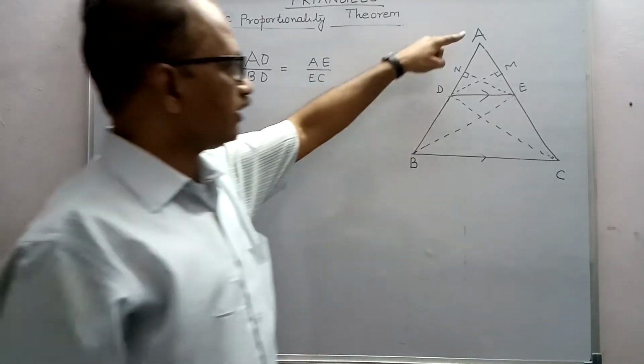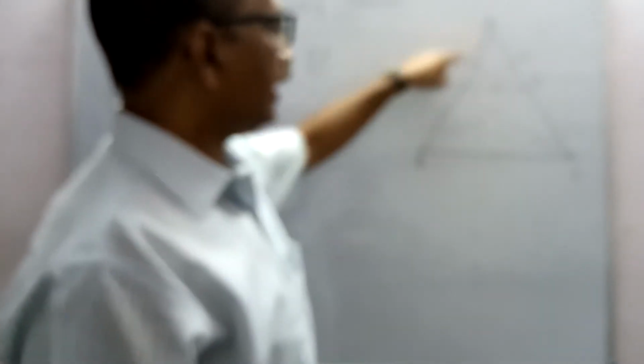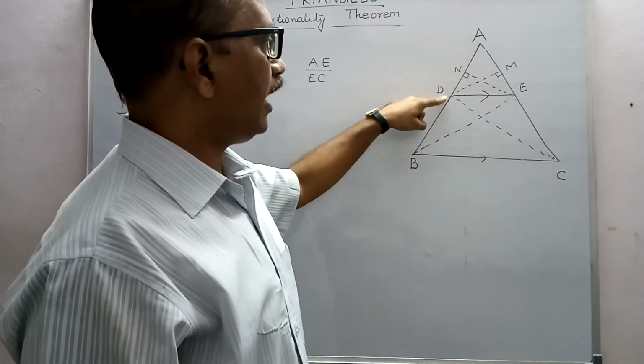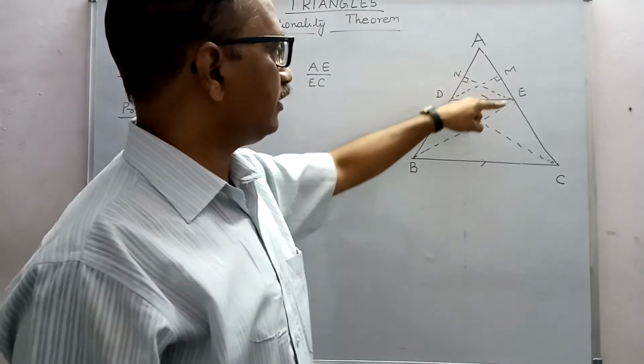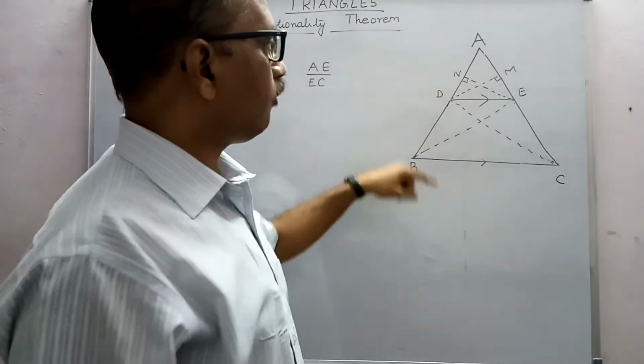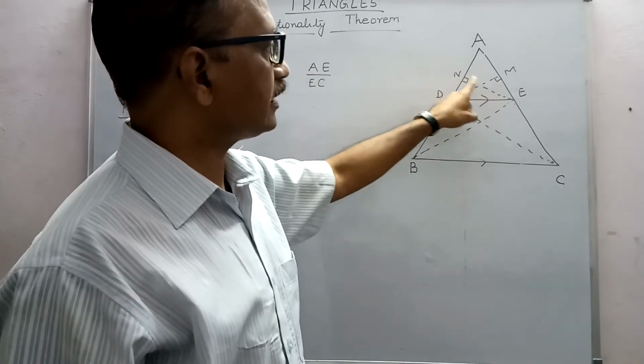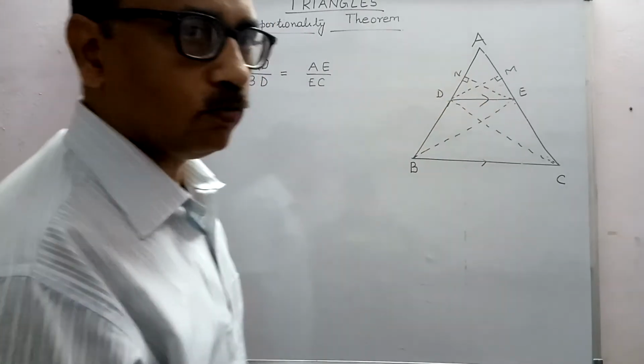In triangle ADE and triangle EBD, both have the same altitude, that is EN.